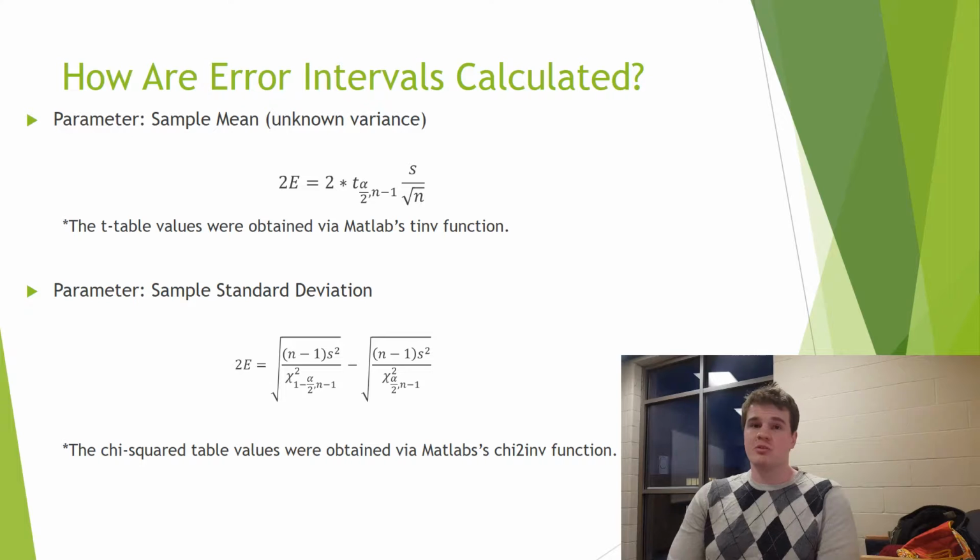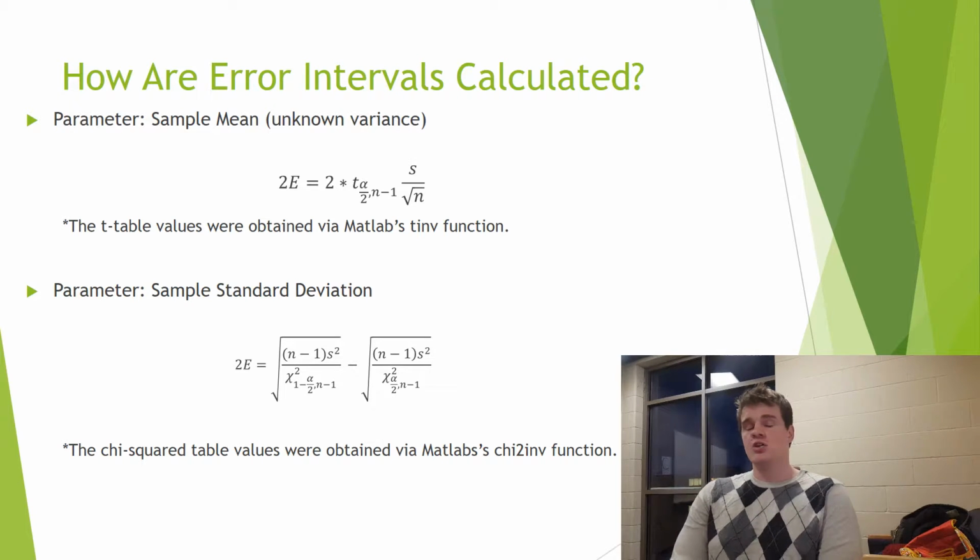And then we did something similar with standard deviation, where we used the confidence interval equation and basically subtracted the lower bound of the equation from the upper bound of the equation. And again, the chi-squared table values were obtained with a similar MATLAB function called chi2inv, which basically spits out a chi-squared table value depending on the degrees of freedom and alpha value desired.